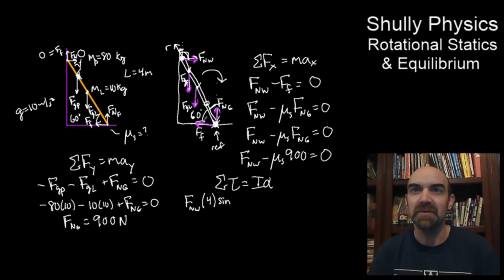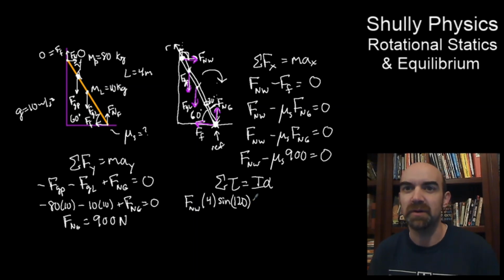This is 60 degrees here, so that makes this angle 30. And 90 plus 30 gives us 120 degrees. All right, so that's the angle for the torque on this point due to the normal force from the wall.